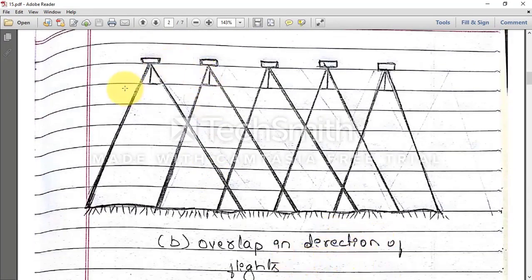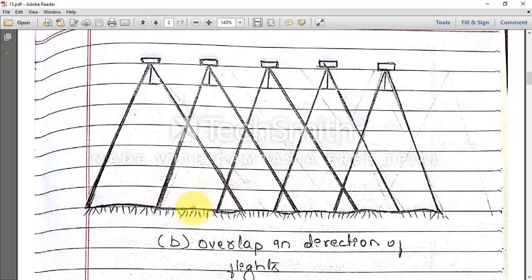You can see the overlap in the direction of flight. This flight is moving like this. This is the first point where it takes the photograph. When it moves to the second point, again it takes a photograph. At the third point, you can see this much portion is called overlap, and in the second one, this much is called overlap.